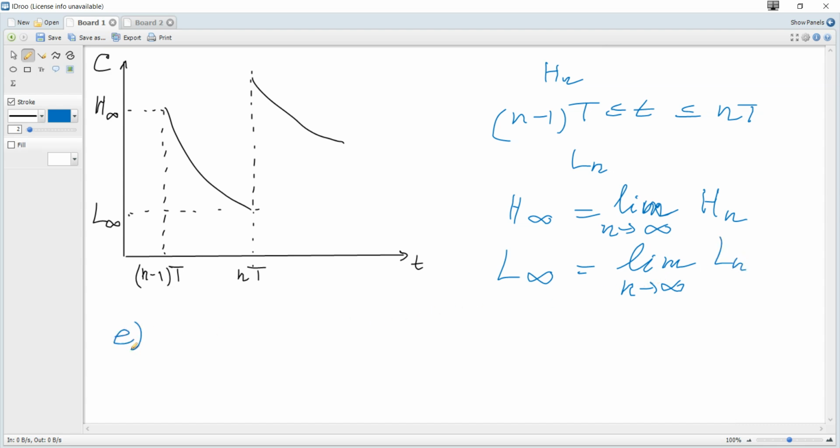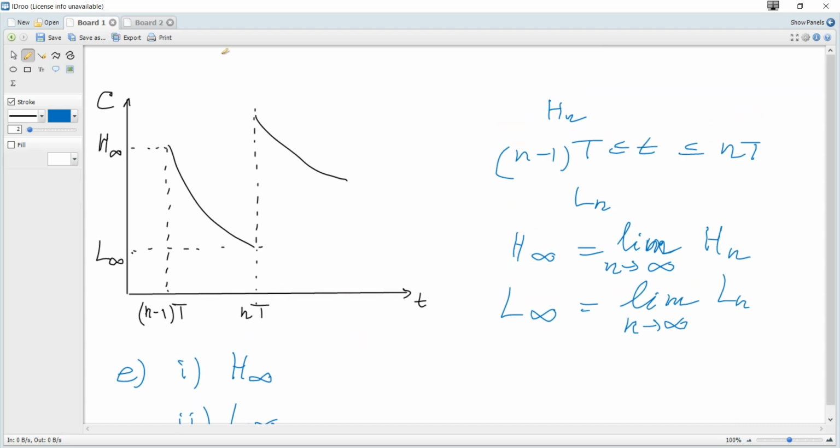And question E: find, in terms of D and capital T, an expression for H infinity and L infinity. 2 marks and 3 marks.